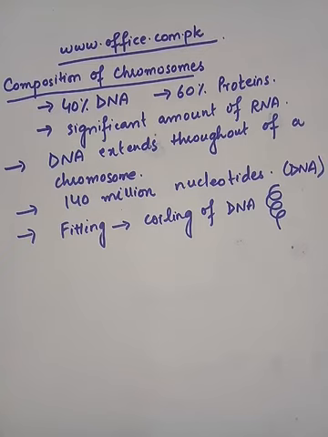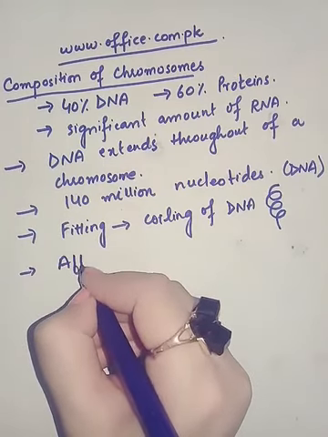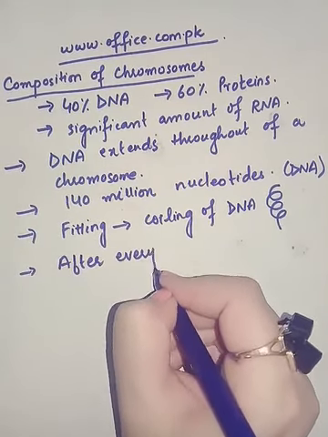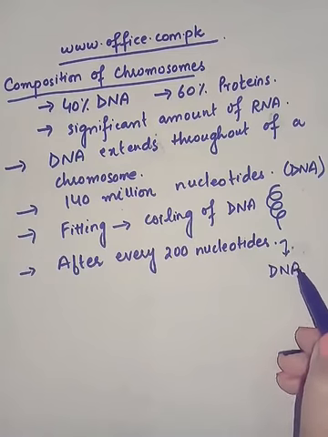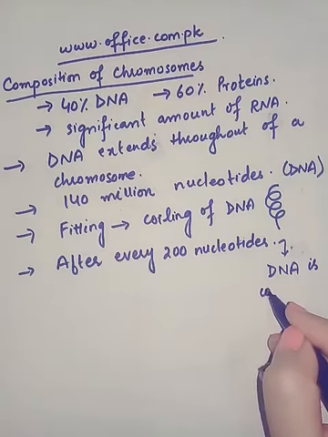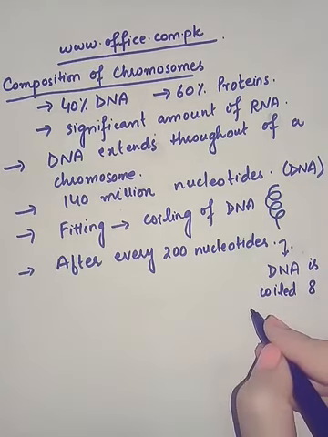The DNA is coiled such that after every 200 nucleotides, the DNA is coiled around 8 histone proteins.